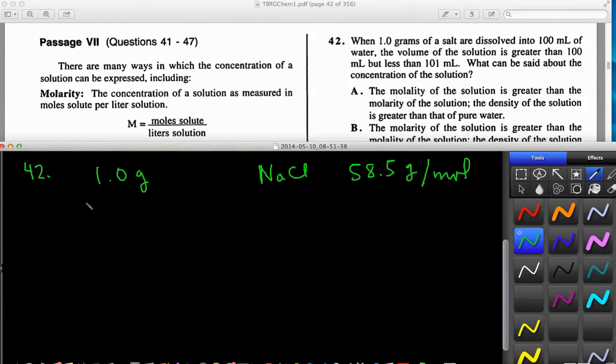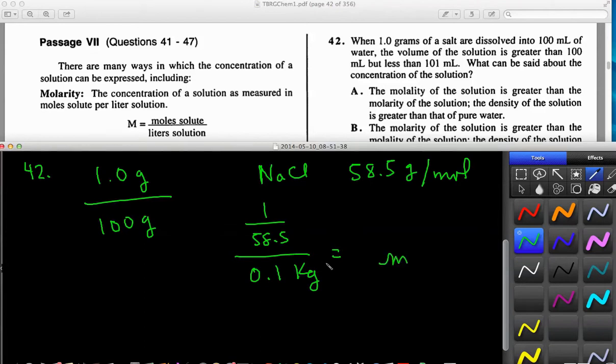And we're going to place this in 100 grams of solvent. So this would be 1 divided by 58.5 divided by 0.1 kilograms. That's equal to my molality. Or if you prefer, 10 over 58.5, which is about 0.18 molal.